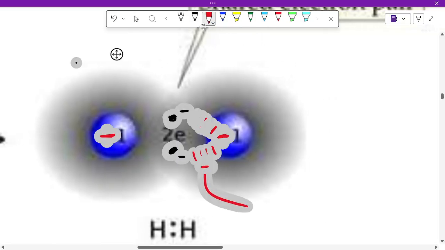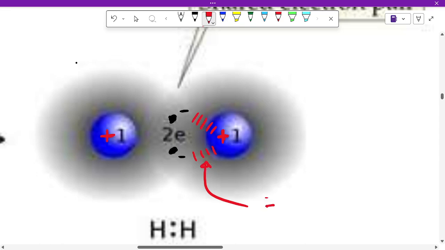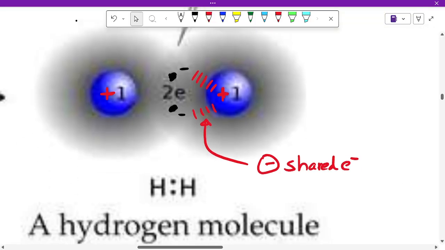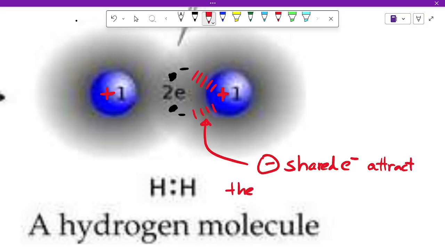The negative shared electrons attract the positive nuclei. And that actually happens on both sides.